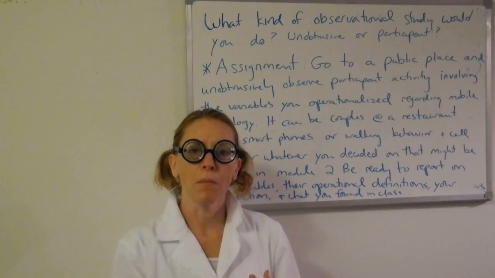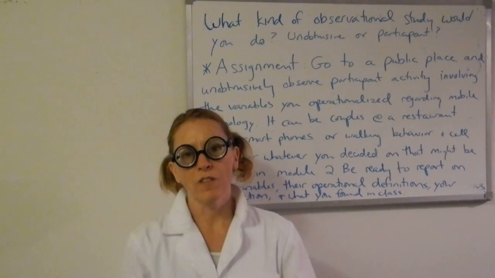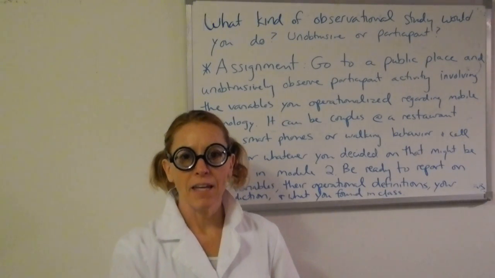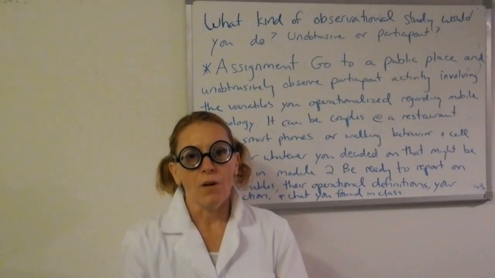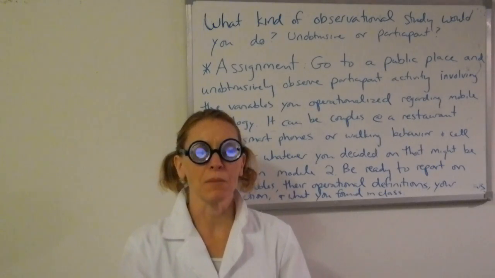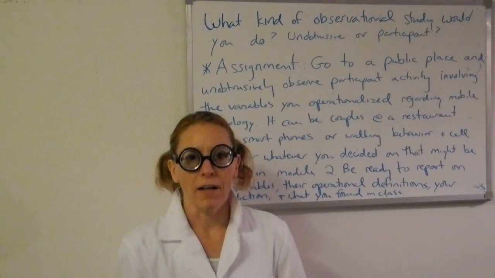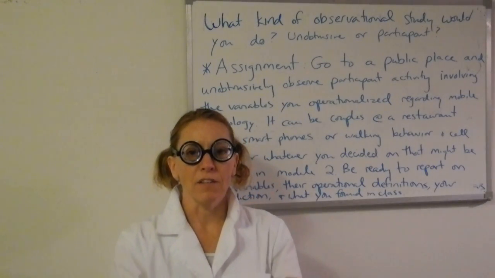You become a part of the group, and you have to decide whether you are going to reveal yourself as a researcher and therefore possibly get reactive behavior and influence the way they behave around you, or whether you're going to hide and pretend that you're one of them, basically posing as someone that you're not, and just spy on them secretly. Again, in either case, they're not particularly affected by you.